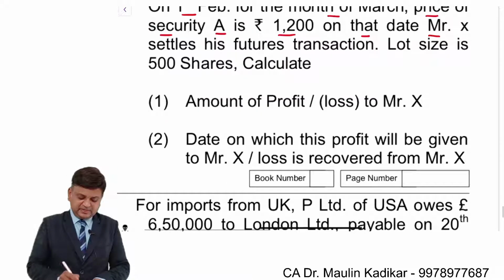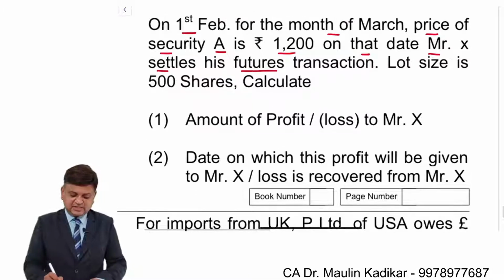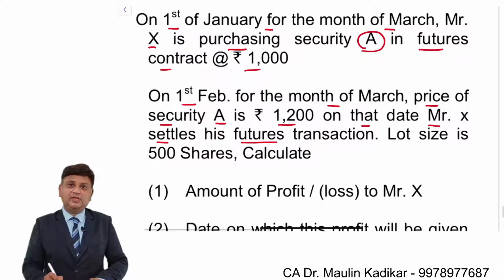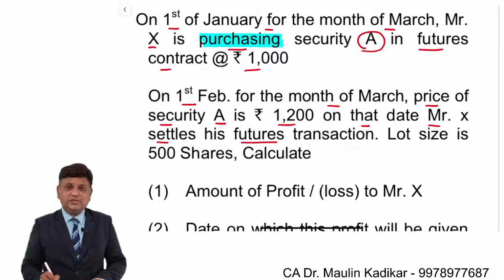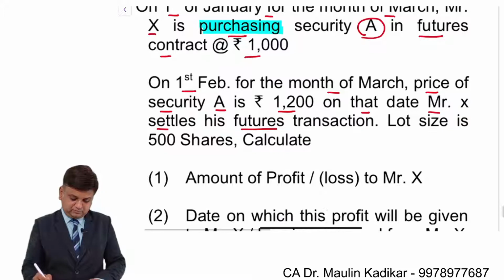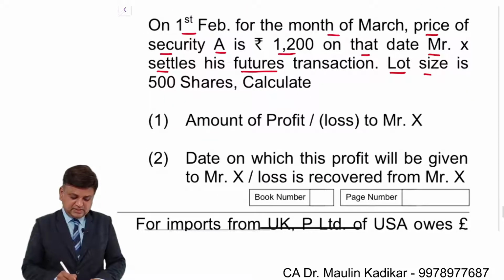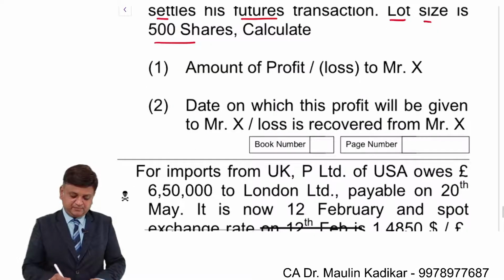On that date, Mr. X settles his futures transaction. Settles stands for entering into the reverse of the original transaction. The original transaction was a purchase, so now when you settle, it means you will enter into a transaction for sale. Lot size is 500 shares.